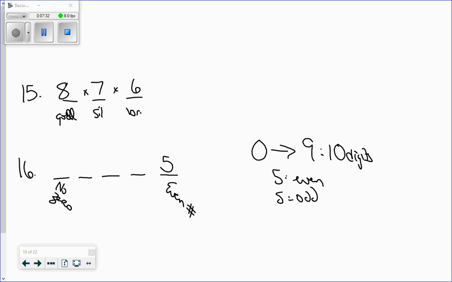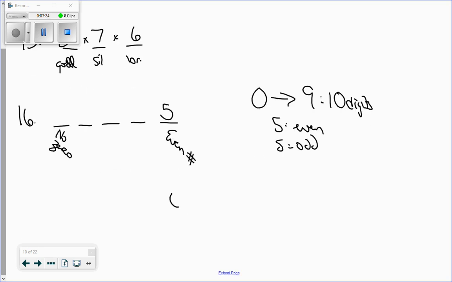So what I suggest you do here, for some of you, this might be helpful. Pick one of those numbers out that it would end in. Which one do you want it to end in? Oh, yes, 0. Okay, so it's going to end in 0, because it has to be an even number. So cross out 0, 2, 4, 6, or 8, whichever one you want.